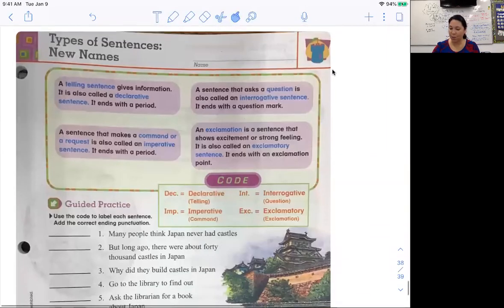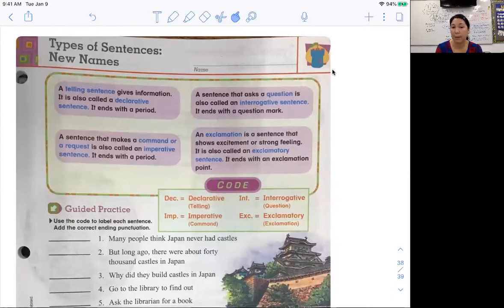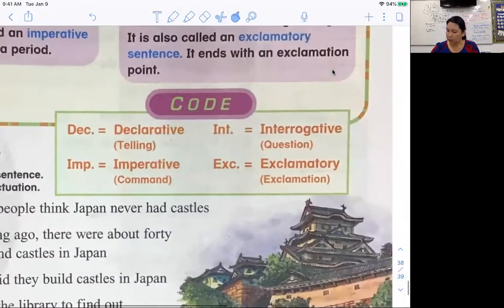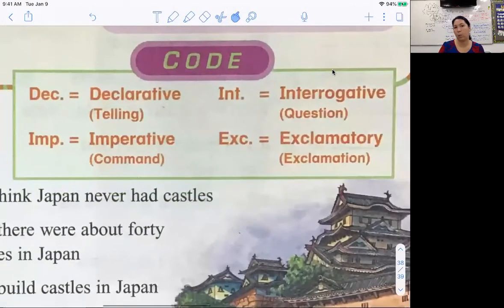All right. So these are our 4 types of sentences with our new names. They give us a little code at the top. And so this is our little thing that we're going to look at to help us remember. So they say telling. I use the phrase statement in my little song. I say declarative, you say statement, but it's the same, telling, making a statement. All right. And then they abbreviate it with just DEC.